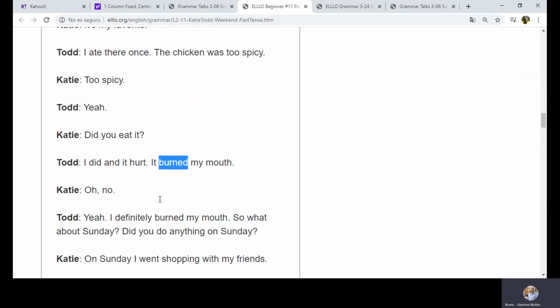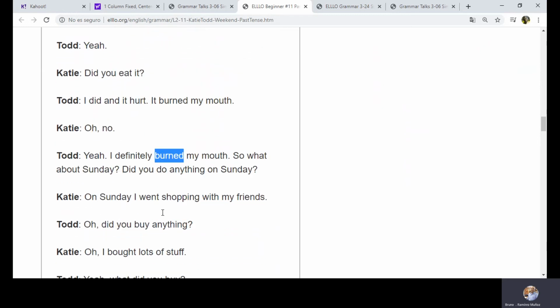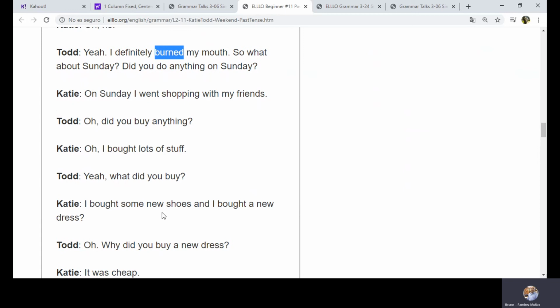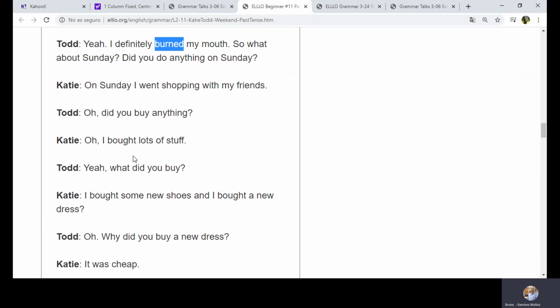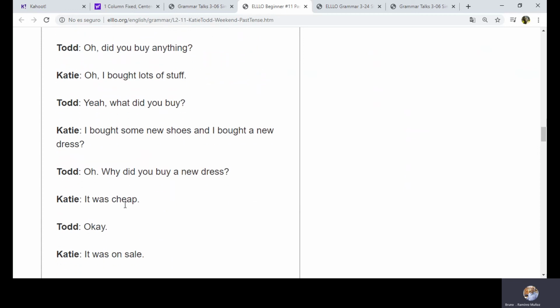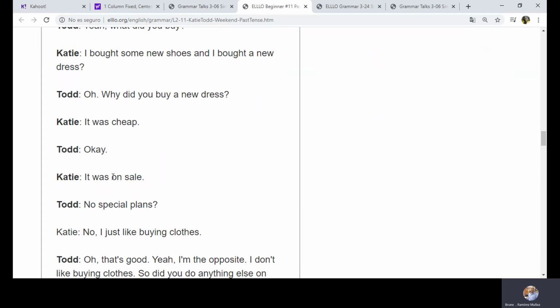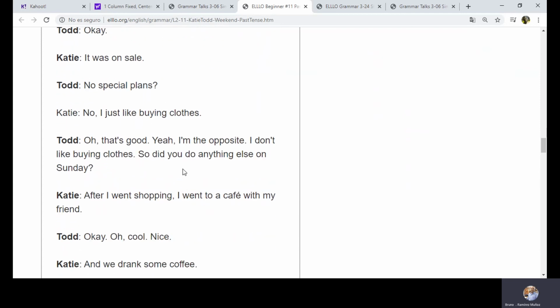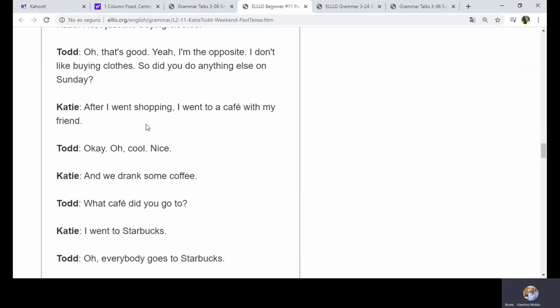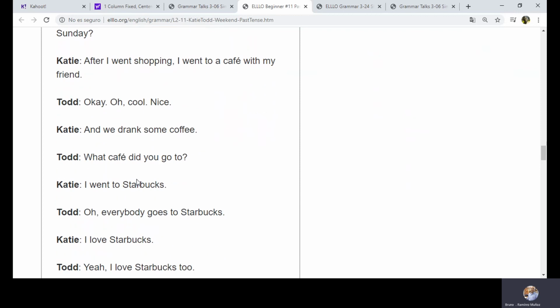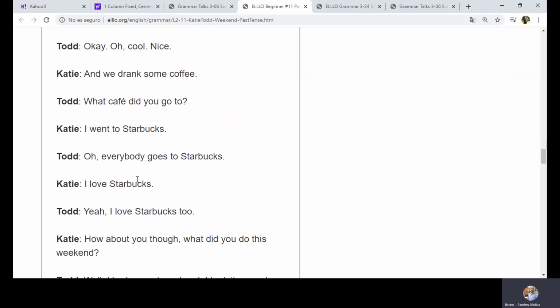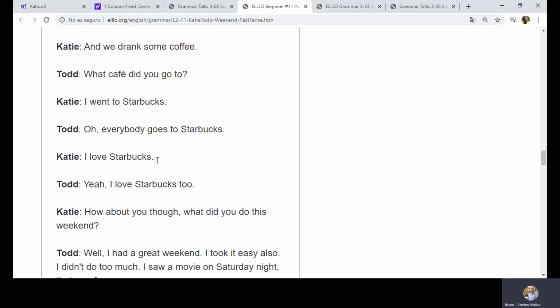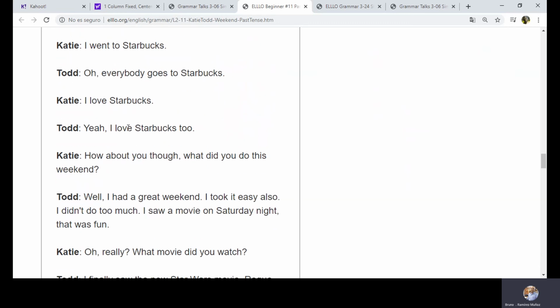Okay, again, burned. Then we get bought, which is irregular. Was again. Went again, drank, another irregular verb, did, went again, goes, present, love, present.